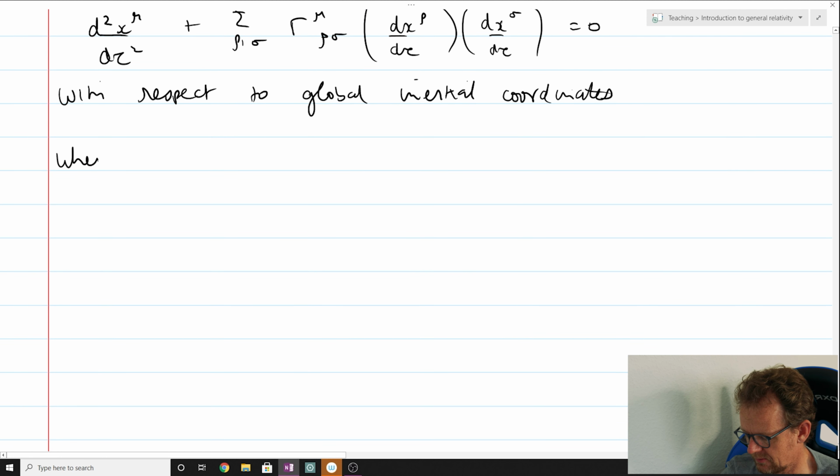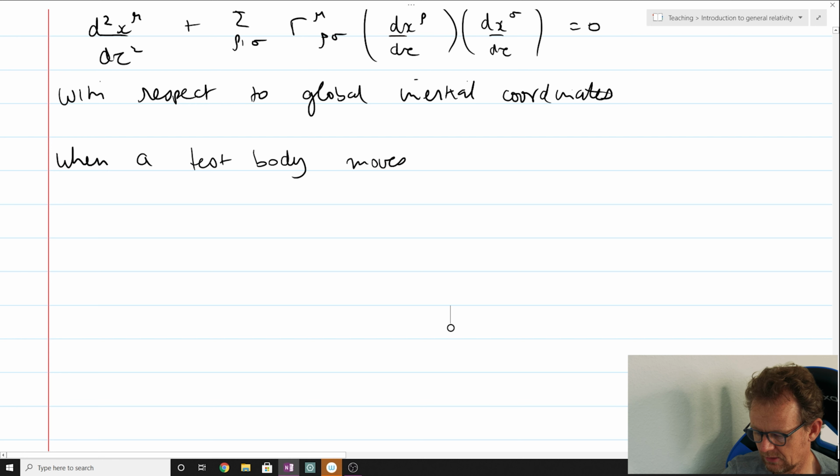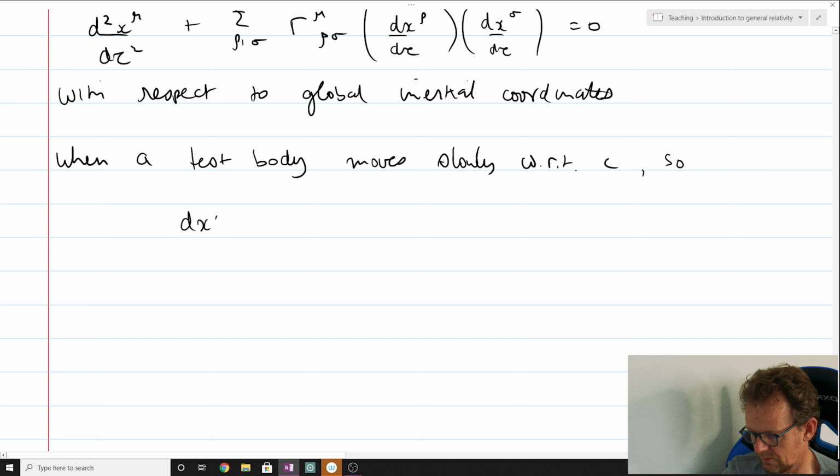But we don't have to tediously do hundreds of calculations here. We can use a lot of simplifications to do this calculation quite quickly. The first assumption we're going to make to simplify our lives is that the test body moves slowly with respect to the speed of light, so that the velocity of our test particle is really 1, 0, 0, 0.